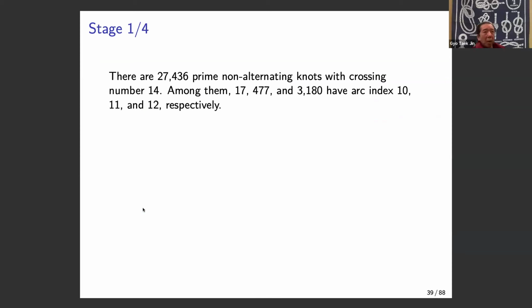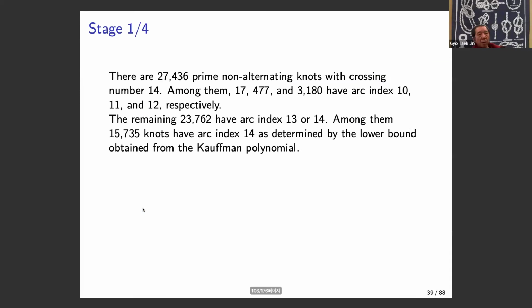So there are 27,436 prime non-alternating diagrams with crossing number 14. And among them, 17,477, 3,180 have arc index 10, 11, and 12, respectively. And the remaining 23,762 have arc index 13 or 14, as I said before.